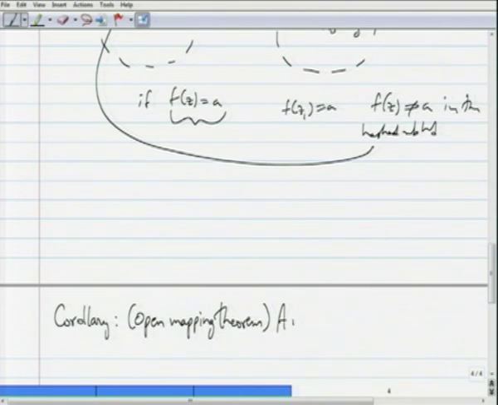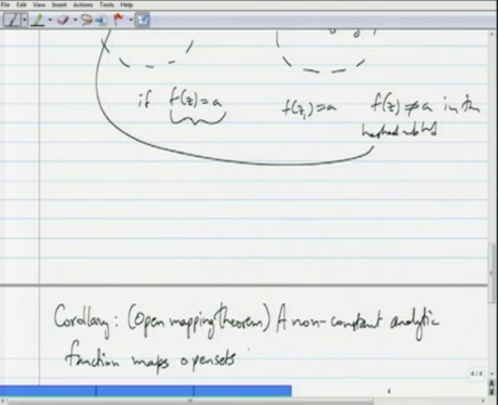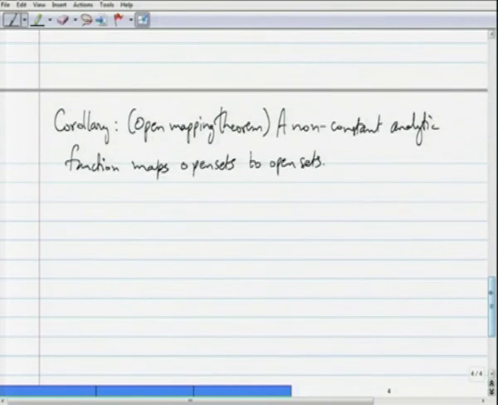Okay. Now, we are ready to prove the open mapping theorem as a corollary to the theorem we had last time. So, a non-constant analytic function maps open sets to open sets. Okay.